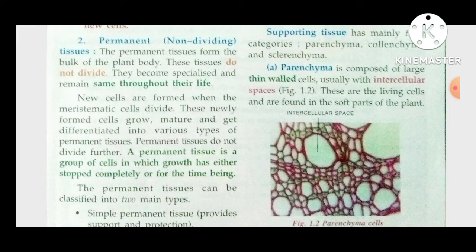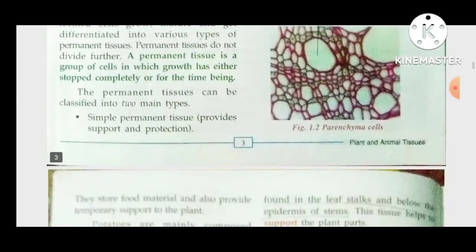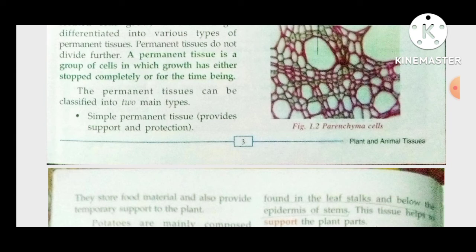What is the definition of permanent tissue? A permanent tissue is a group of cells in which growth has either stopped completely or for the time being. Permanent tissue can be classified into two main types.